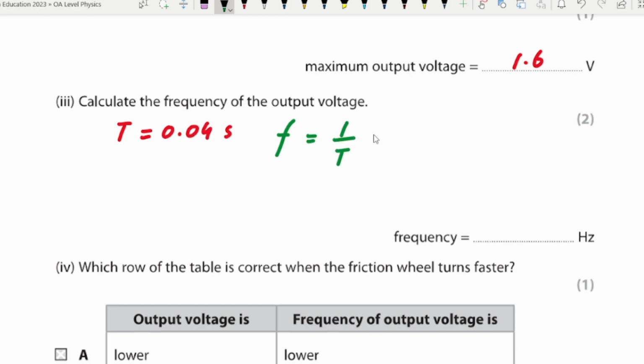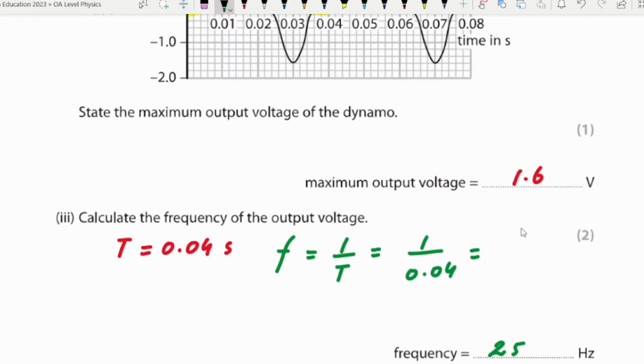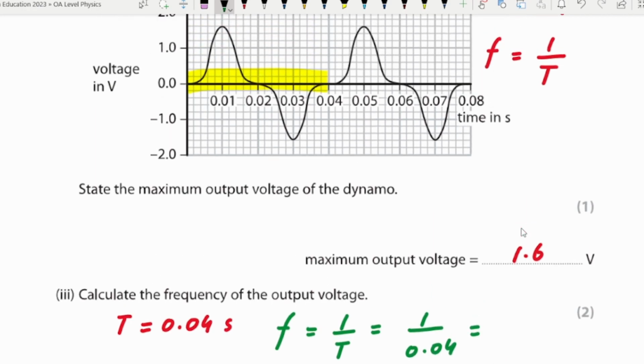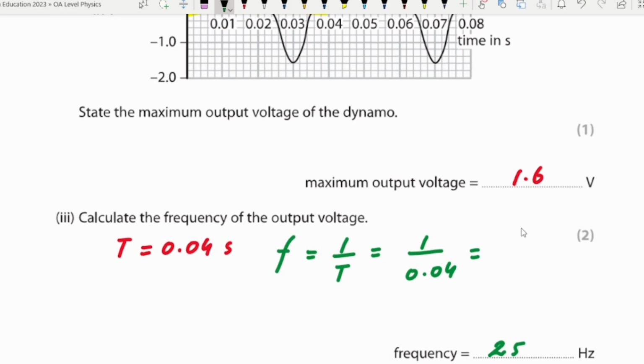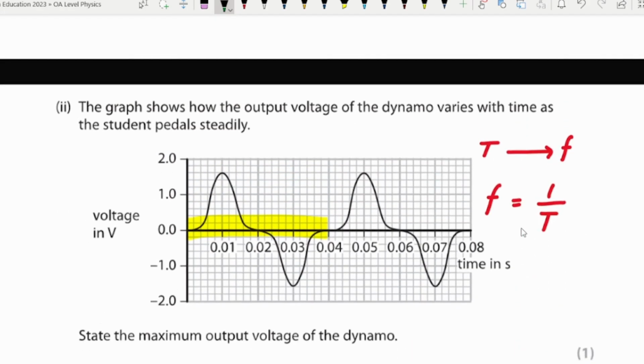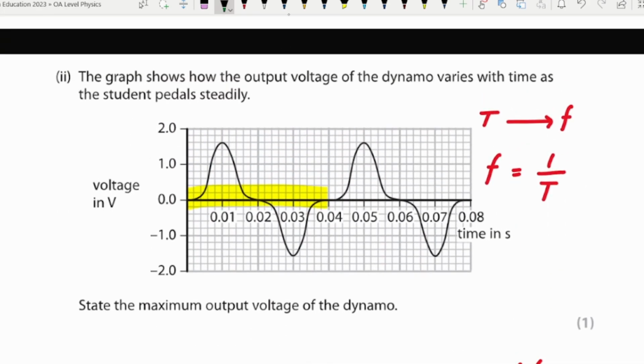Now you can find the frequency mathematically from here. Frequency equals 1 over T, and that would be 1 over 0.04. And if you hit it on the calculator, it will be 25 hertz. So that means in 1 second there would be how many waves? 25. So there's another way also.